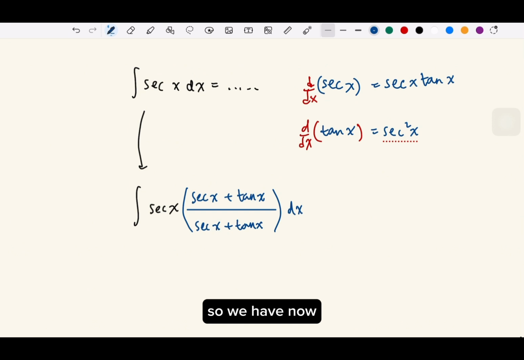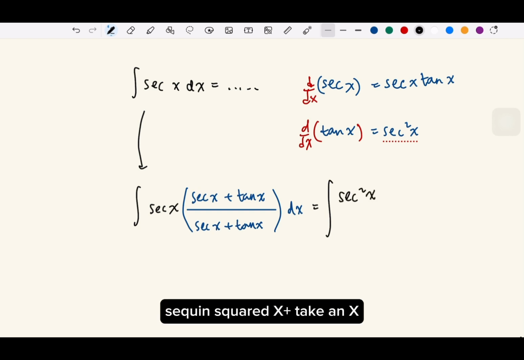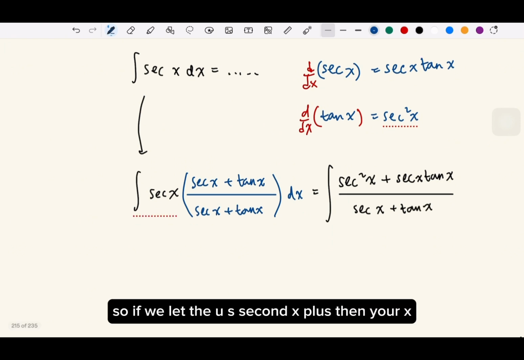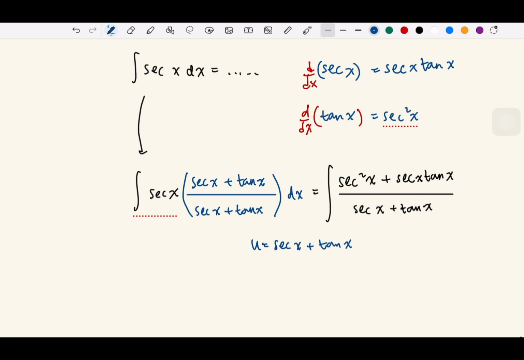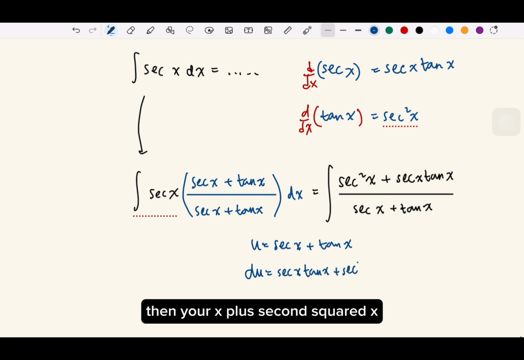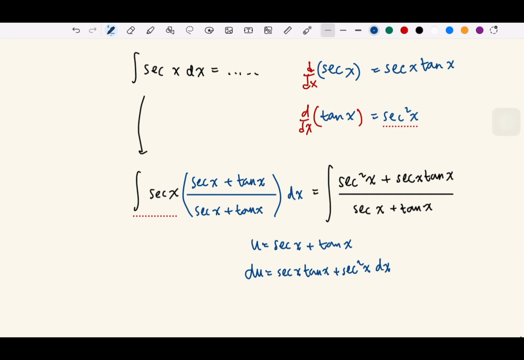Okay, if you look at the relation between them, we now have secant squared x plus secant x tangent x. So if we let u be secant x plus tangent x, then du will be secant x tangent x plus secant squared x dx.